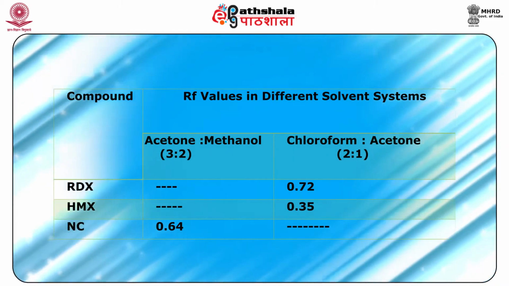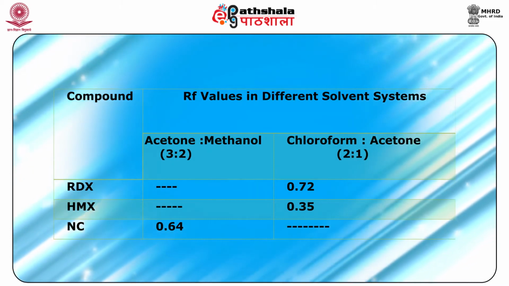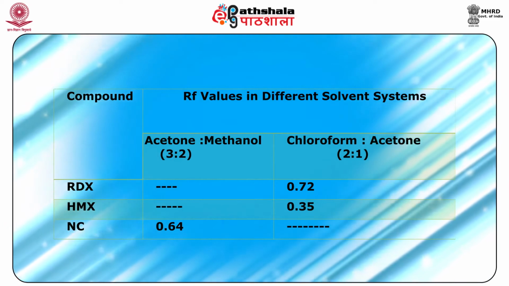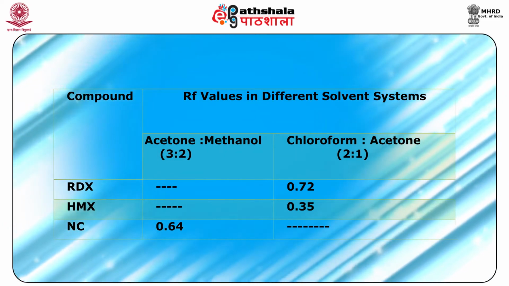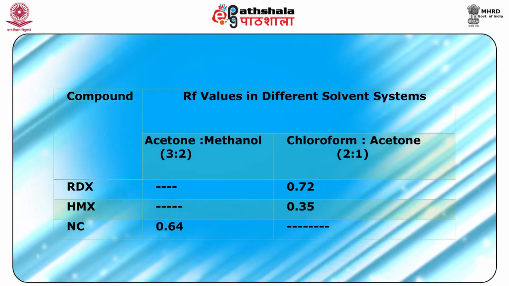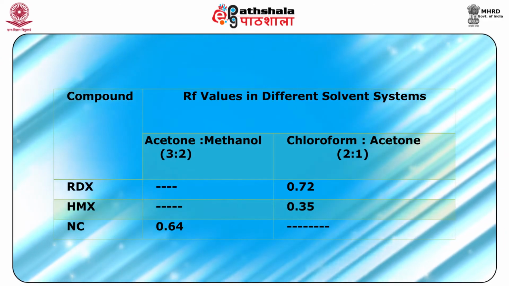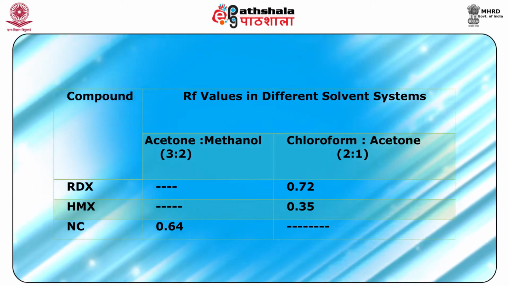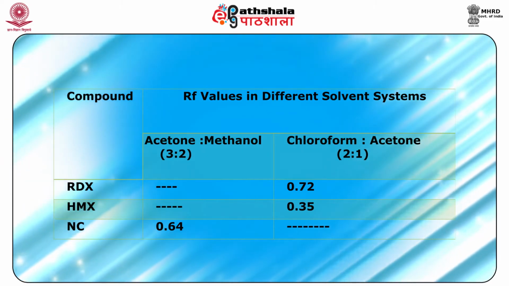For example, as shown in this table, RDX in a chloroform and acetone 2:1 solvent system has 0.72 as RF value, while HMX has 0.35 and NC has 0.64 when developed in an acetone to methanol solvent system with 3:2 ratio.